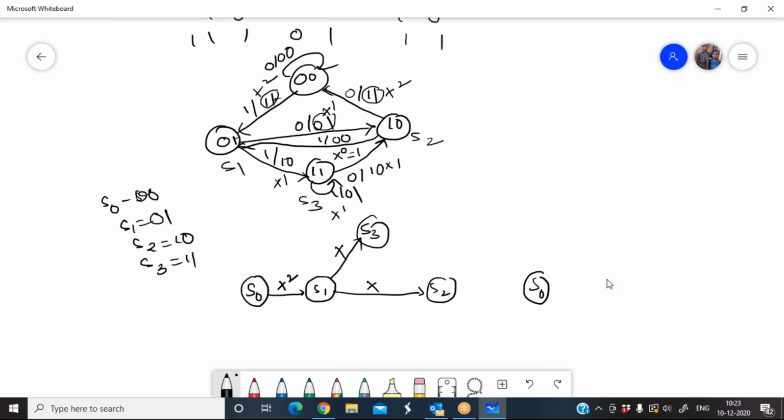Now coming to S2. S2 to one path is up to S1. S2 to S1, that is nothing but x power 0, that is equal to 1. Next another one is S2 to S0 with path gain x square.